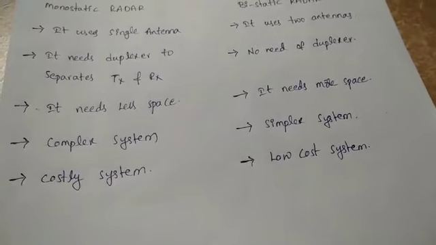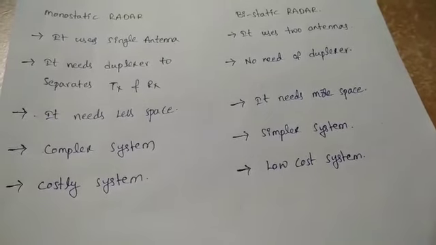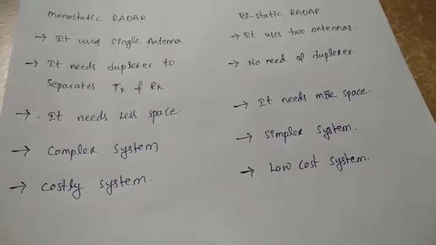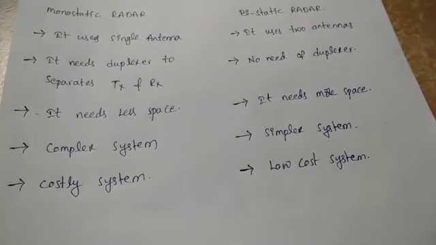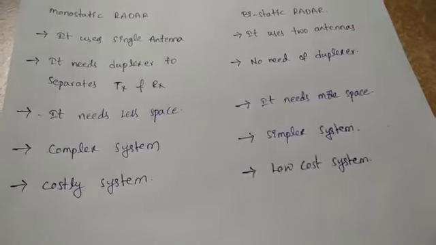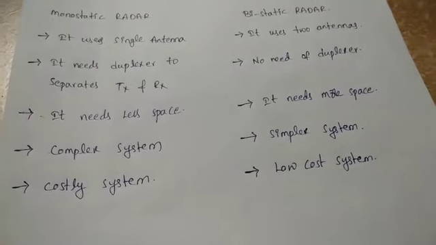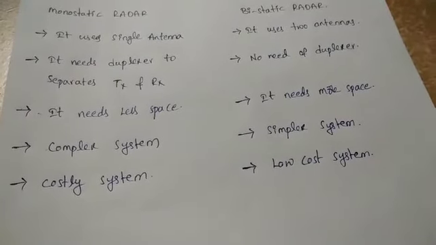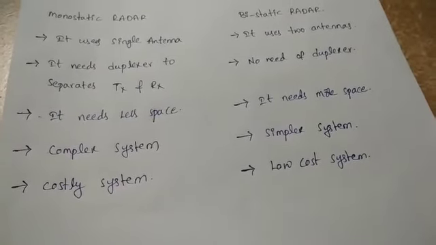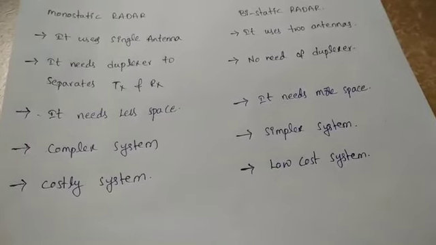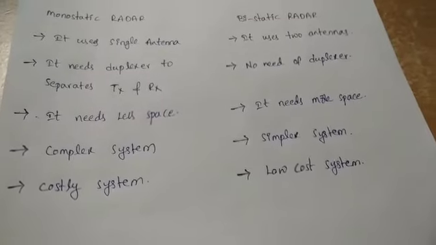That's why the monostatic radar system is a complex system and the bistatic radar system is a simplex system, as there is no need of a duplexer. Finally, the monostatic radar system is a costly system because we are using a duplexer, and the duplexer circuitry is costly, while the bistatic radar system is a low cost system because we don't need duplexer circuitry.